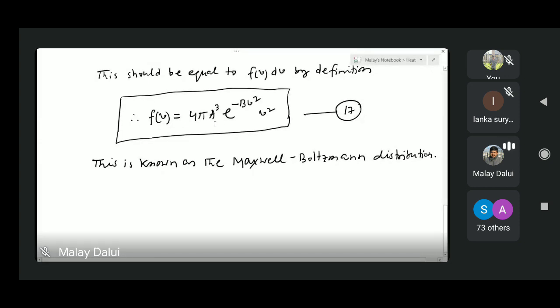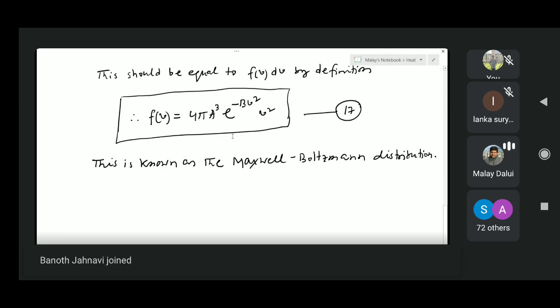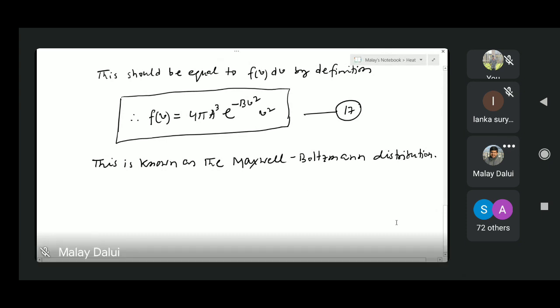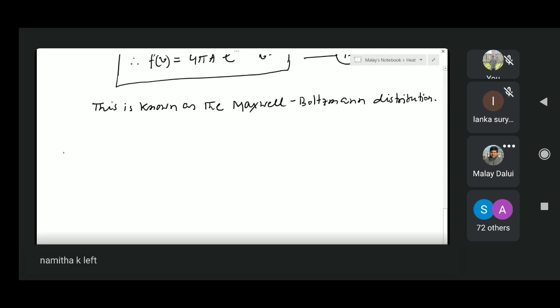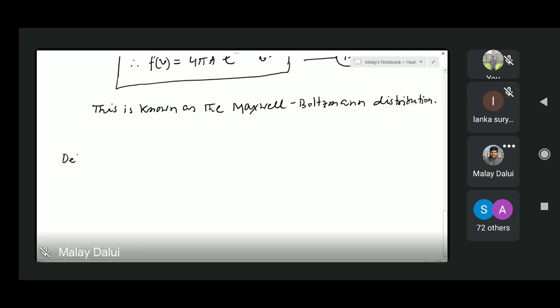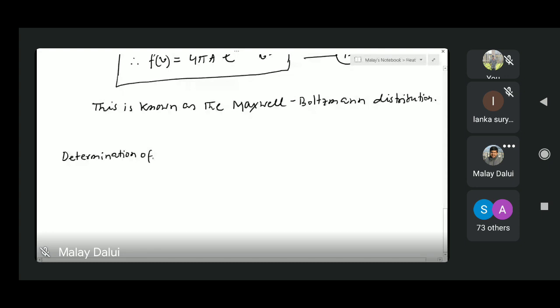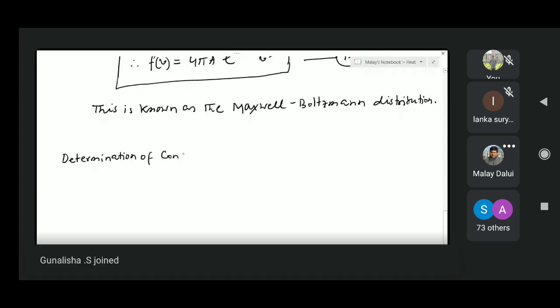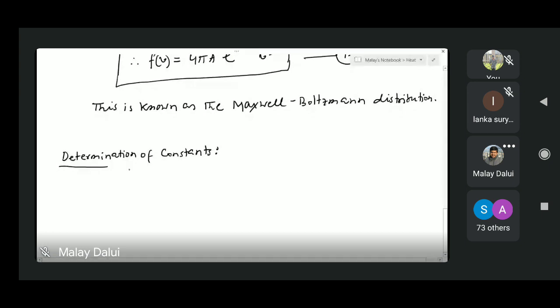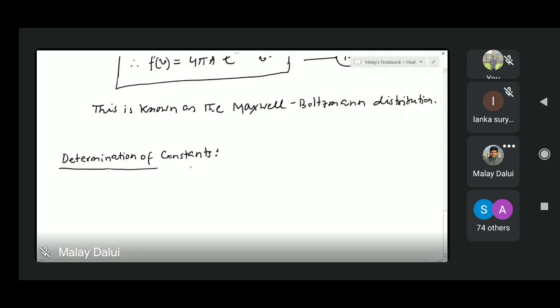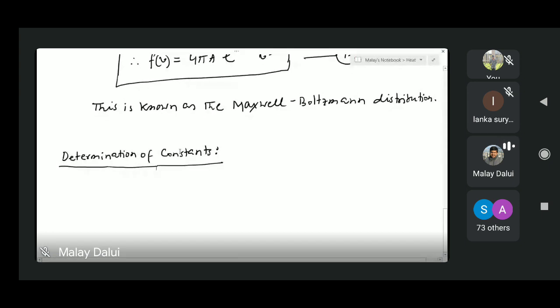Now, we have two constants, a and b. We have to find these constants. To determine the constants, we need boundary conditions, and for two constants, we need two boundary conditions.